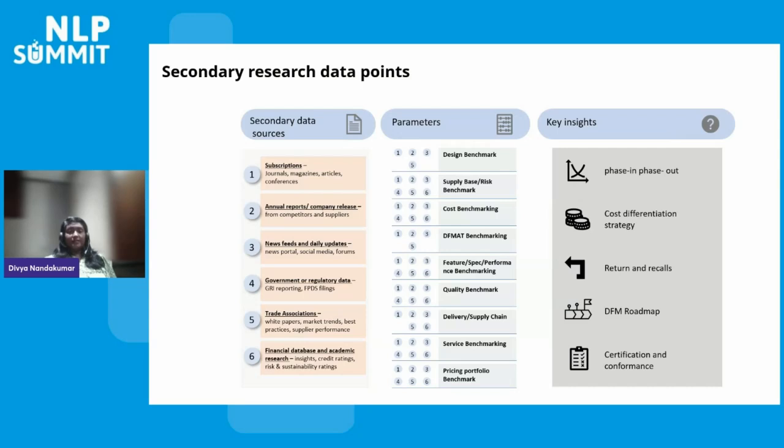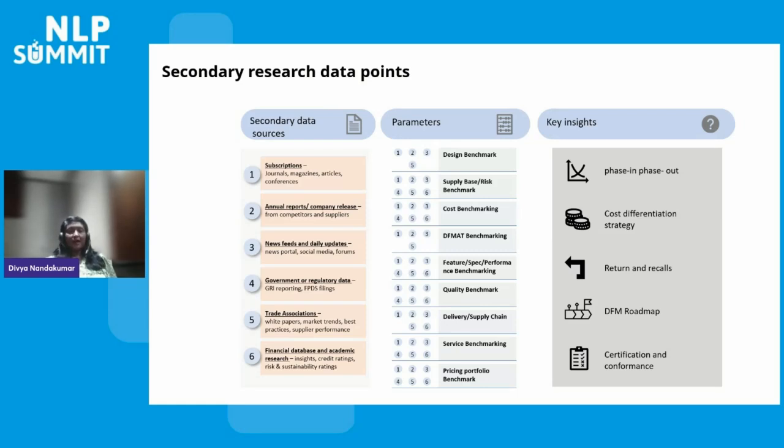So, secondary research data points, when you talk about the data sources, it could be some subscriptions of journals and magazines. It could be annual reports or some news feed and daily updates, government or regulatory data, trade associations, and financial database and academic research. So these could be some of the data sources.